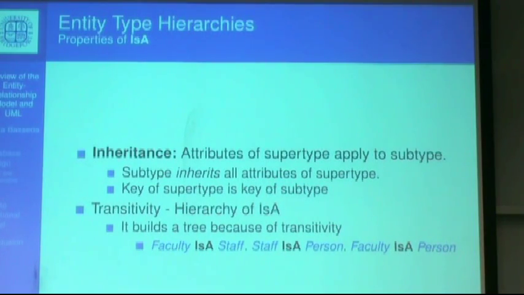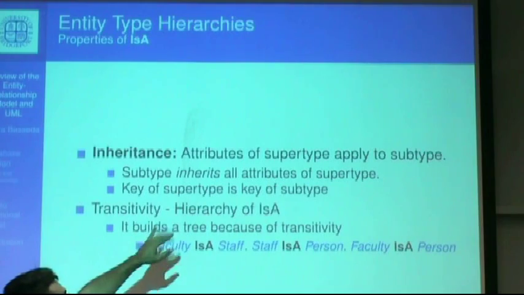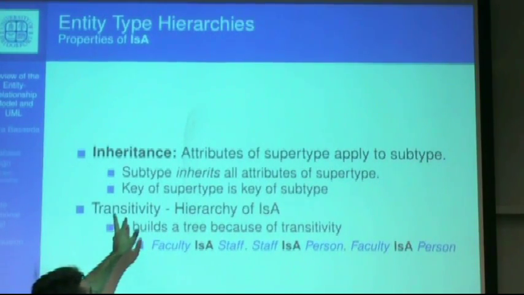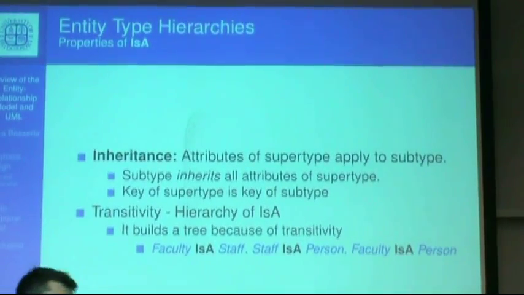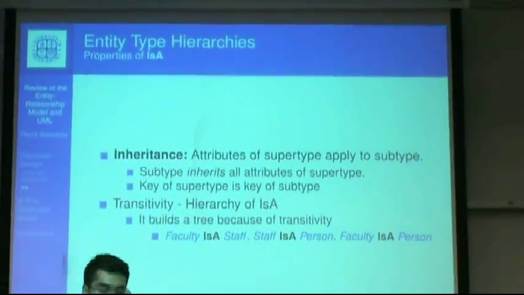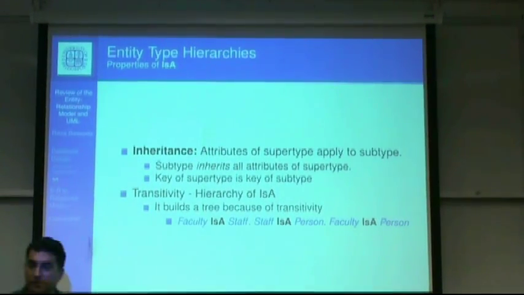So the first thing is that a subtype inherits all attributes from the supertype. Also, the key of the supertype is the key of the subtype. If you can identify me as a staff with a key, that key could be used to identify me as a faculty also, right?